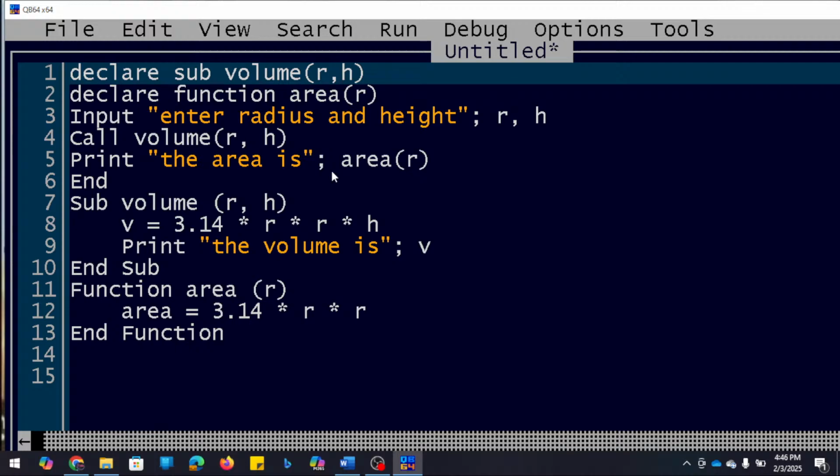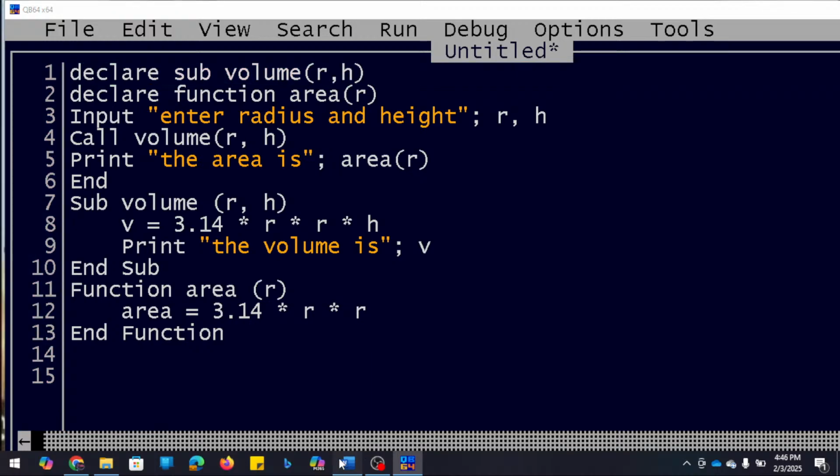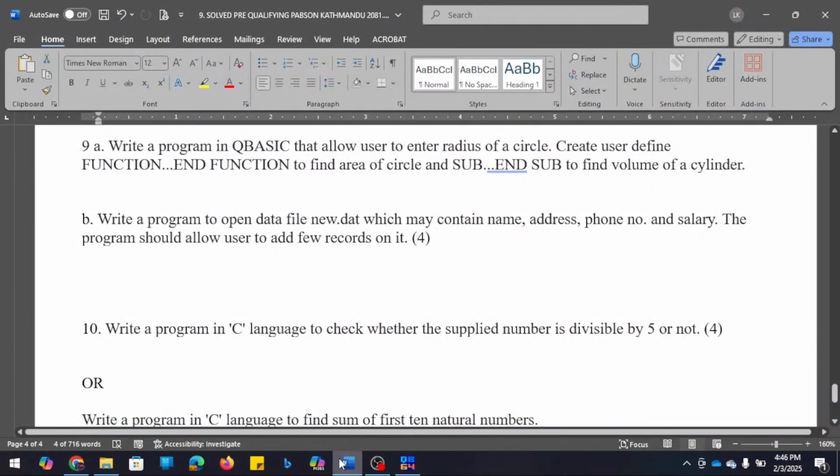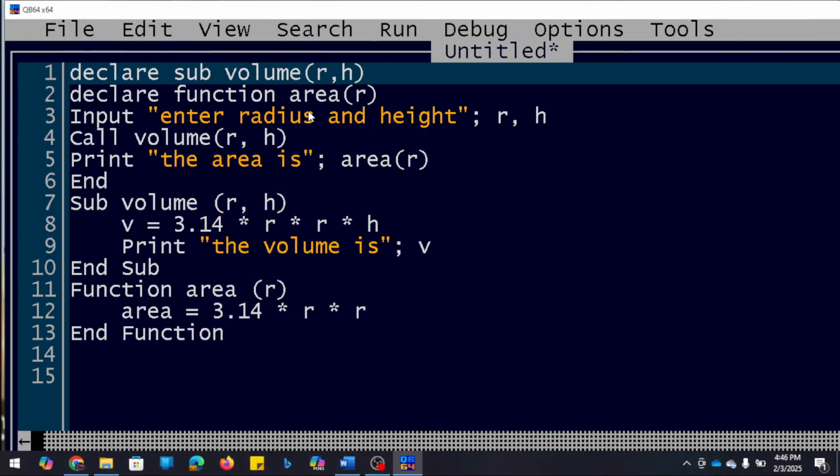We are asked to find the volume and the area. So area is pi r square for the circle, and the volume is pi r square h. In the function we find the area of the circle. So here we have the function procedure area: pi r square, where r is supplied from here.